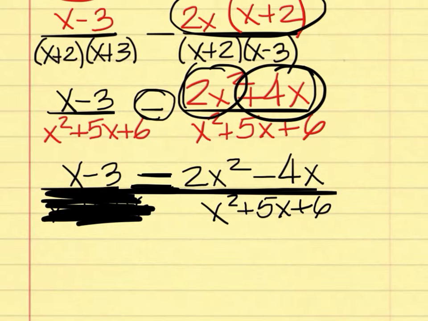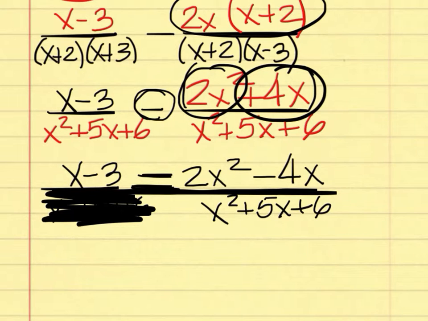What is the first thing I would write from this if I'm going to add like terms? What is the first thing, Woodrow? The x and the negative 4x. Close. What's the first thing I would put down, Pemberton? What's the first thing I would put down, Fowler?